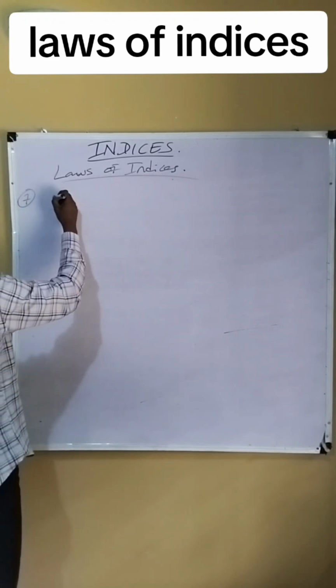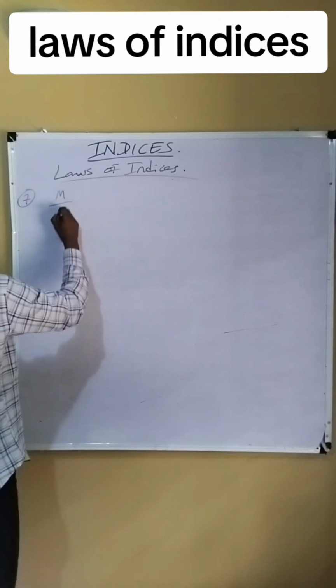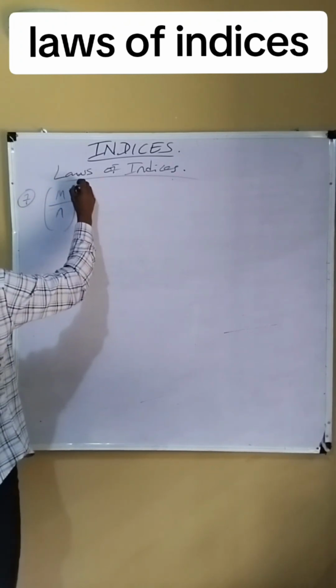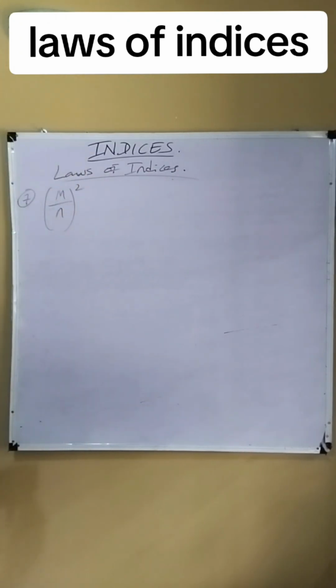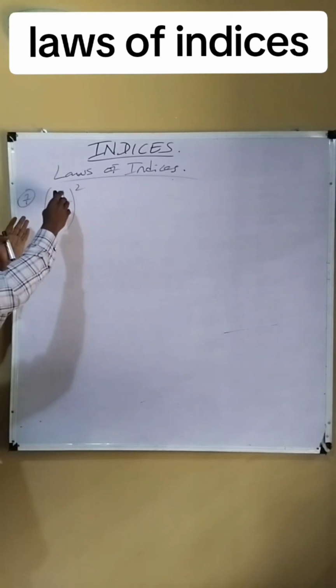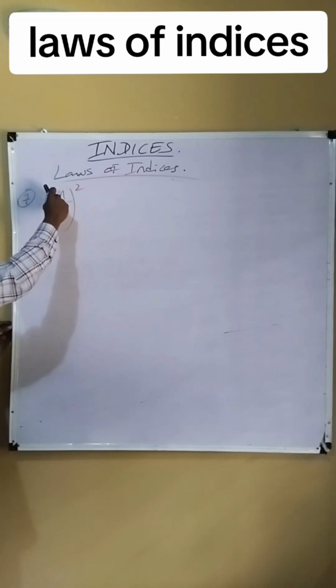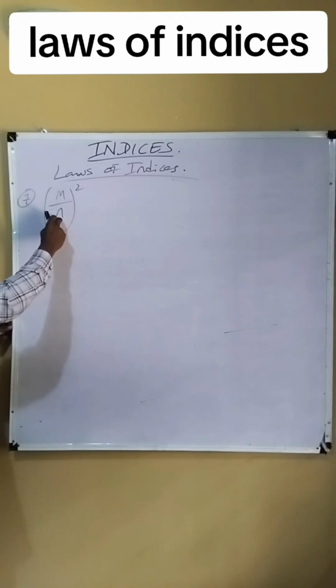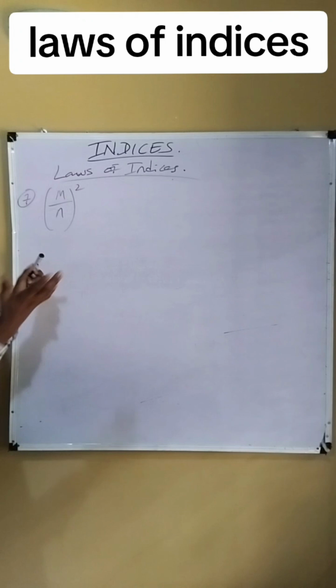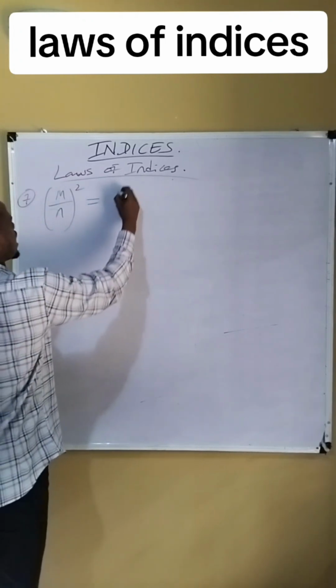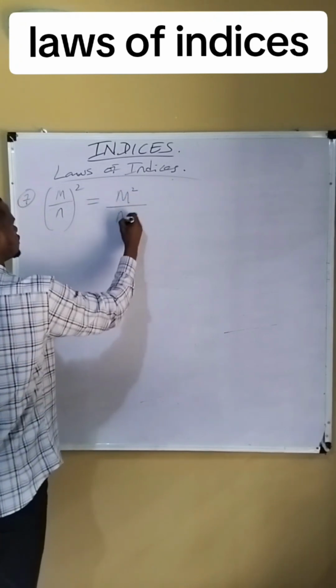If you have something like this, m all over n, all raised to the power of 2, the base number is in a fractional form, and the 2 is affecting this m, and it's also affecting this n. Therefore, they can share it. This is the same thing as m raised to the power of 2 all over n raised to the power of 2.